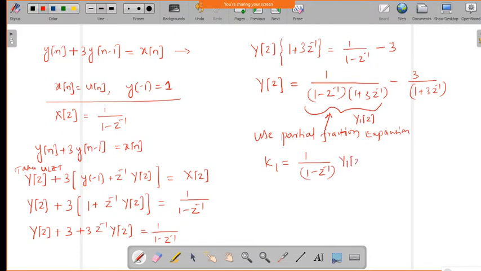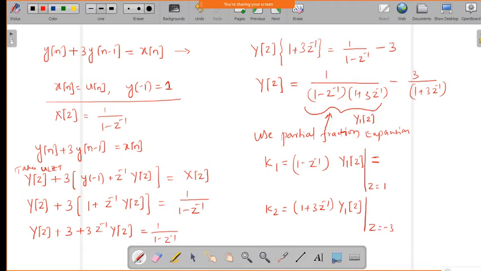Find out the value of k1 at z equal to 1, and similarly find out the value of k2, that is 1 plus 3 z inverse into y1 of z, at z equal to minus 3.